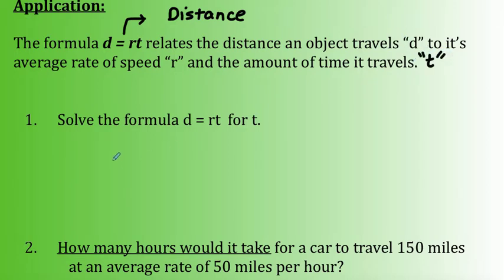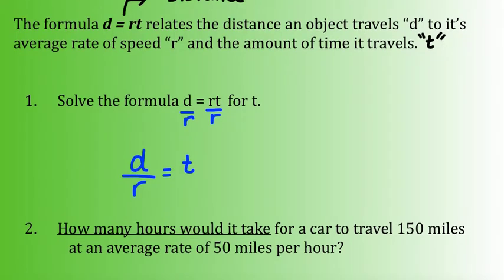So solve the formula d equals rt for t. We need to isolate t. Well, r is being multiplied to t, so we divide both sides by r. That means d divided by r gives me t. In a real scenario, if I take the distance and divide it by the speed or rate, I get the time that I spent traveling.